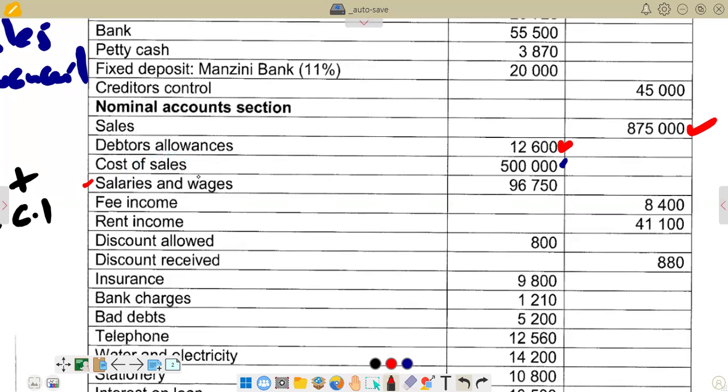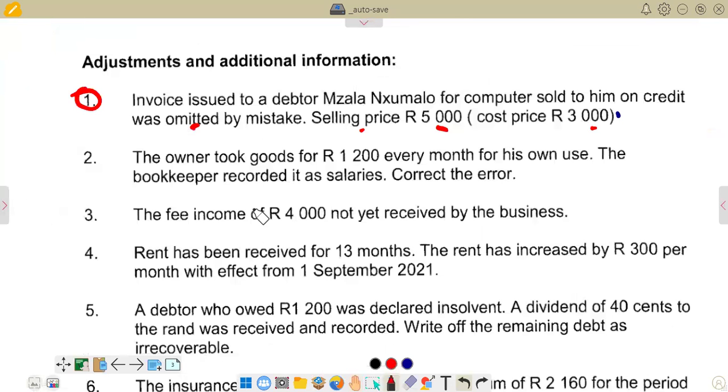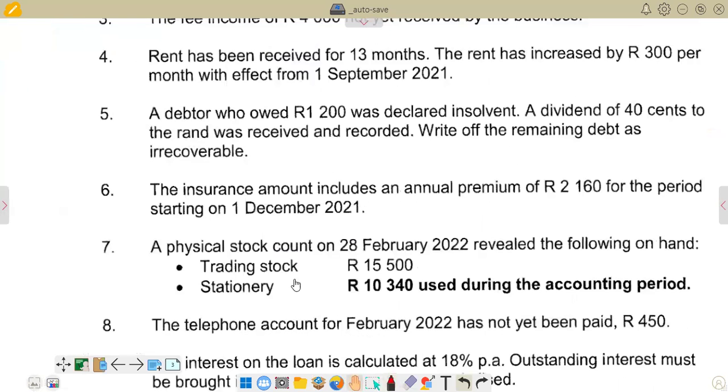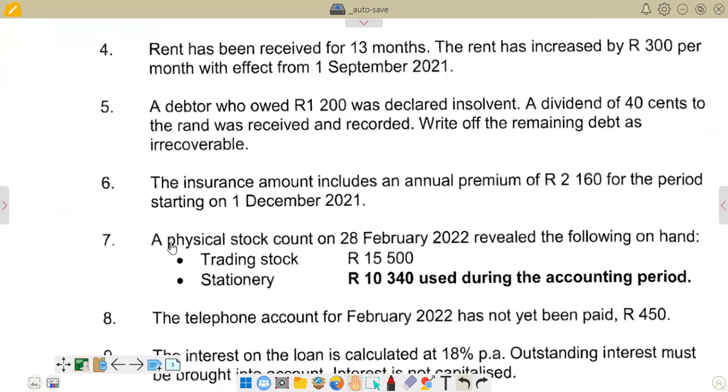Before you enter this figure, you have to check in the additional information if there's anything that is affecting salaries and wages. So you go through all the additional information to check anything that is affecting salaries and wages. If you have nothing, it means you're going to enter it as it is in the list of balances.